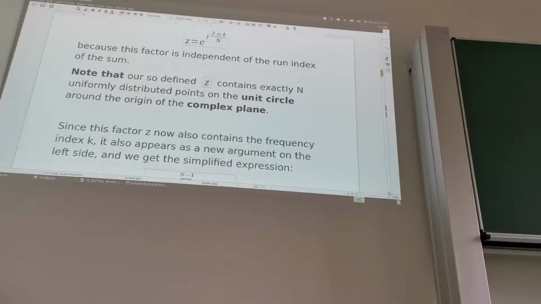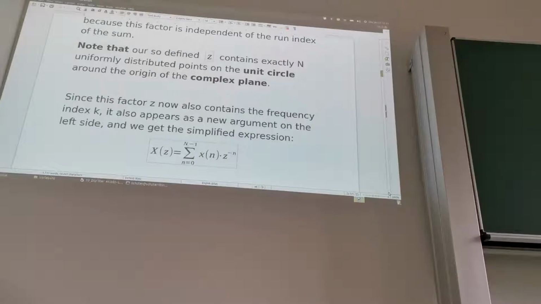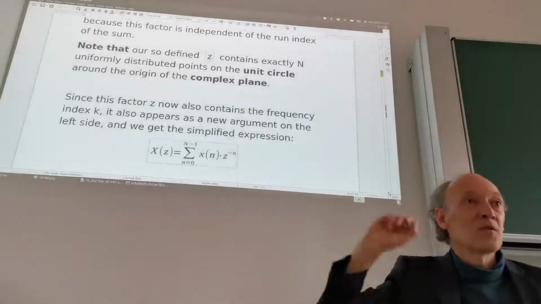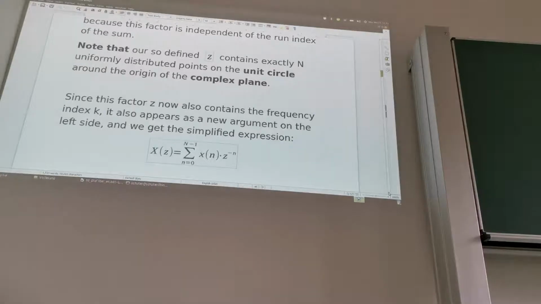And this z now also contains the frequency index k. So we already absorbed k into z. So if we want to change the frequency, we have to change z. It's basically, this k changes the angle on the unit circle.